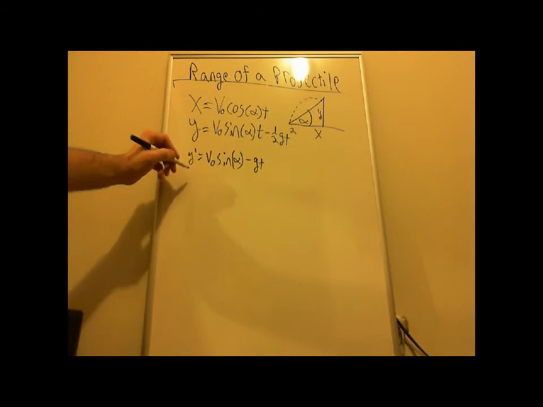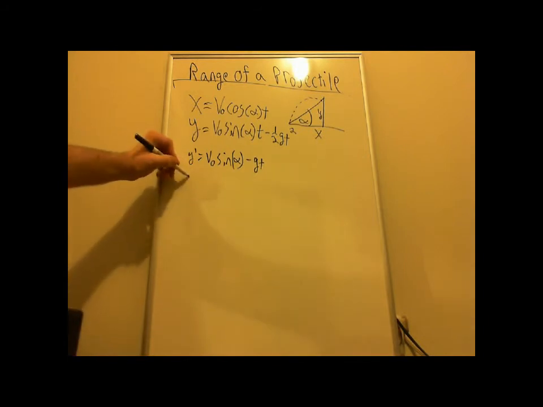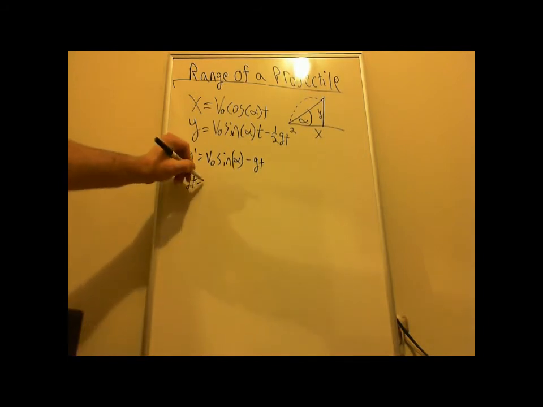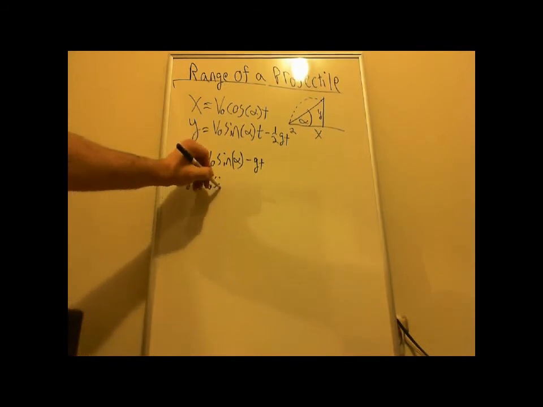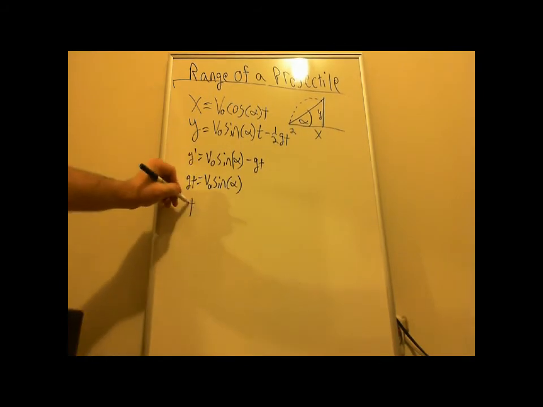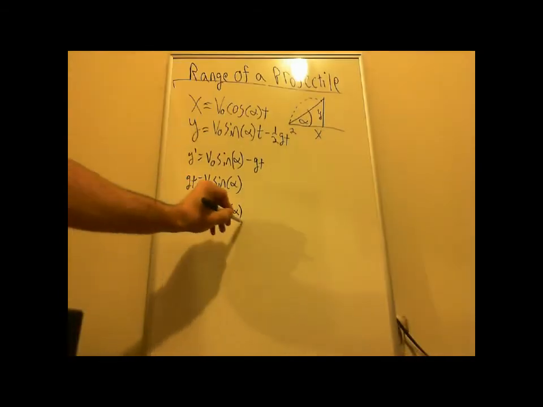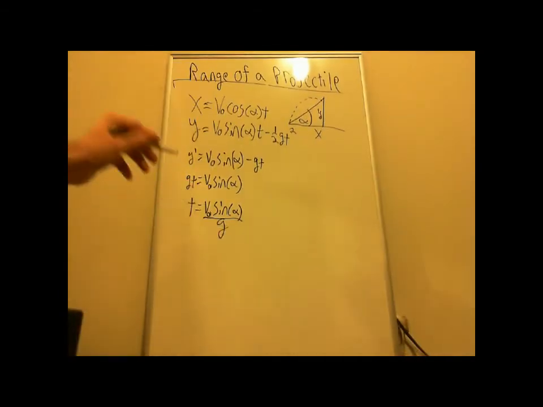And now if you set that equal to 0, because we know taking the derivative and setting it equal to 0 will give you the maximum. So we can set it to gt is equal to v naught sine of alpha, and solving for time we get time is equal to v naught sine of alpha over g. So that'll be the time in order to get the maximum height.